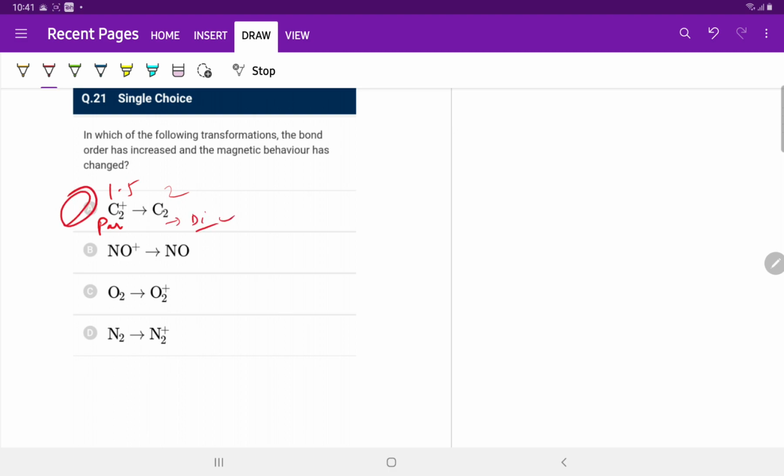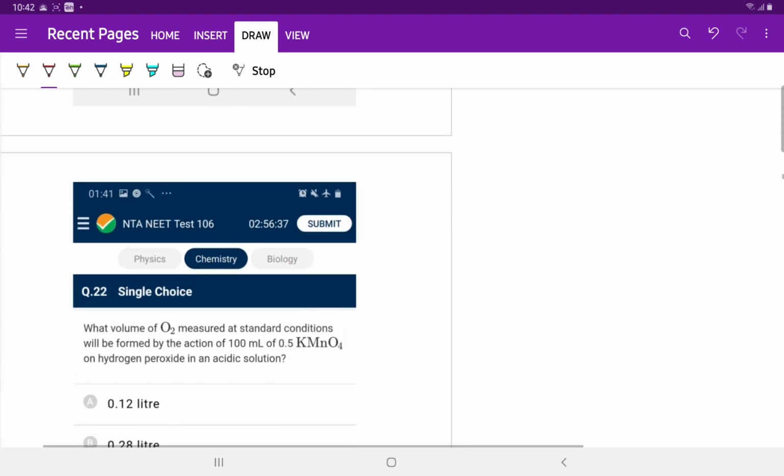Bond order will increase and the magnetic behavior also changes. NO plus is converted into NO, bond order is 3 to 2.5, which is a decrease in bond order. O2 to O2 plus and N2 to N2 plus, bond order decreases. So option A is correct for question number 21.